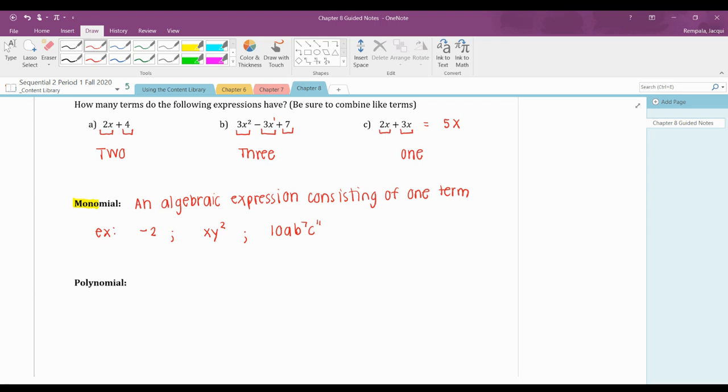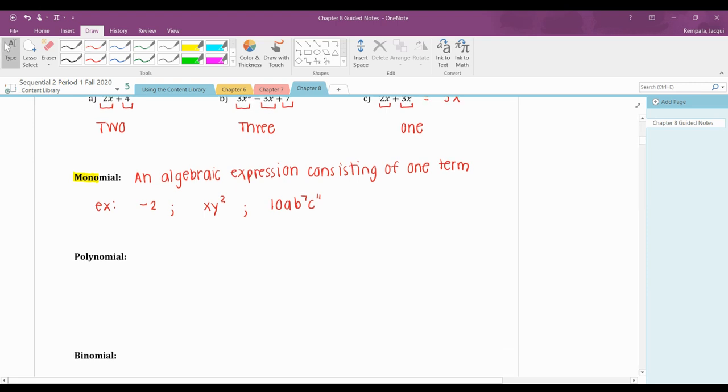Because there are no addition or subtraction signs, it's all multiplication, it is one term. All right, so that takes us to the word polynomial. A polynomial is a monomial or a sum of monomials.